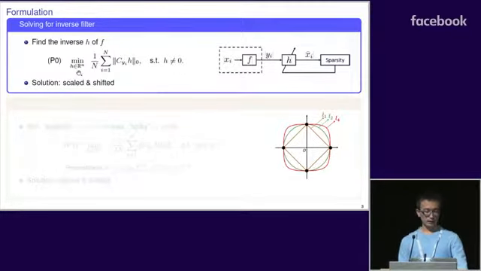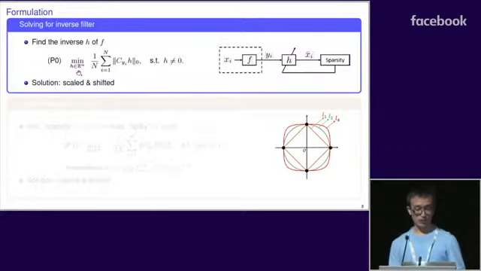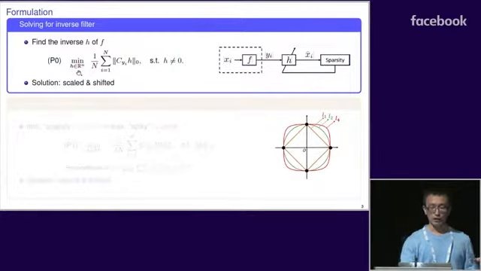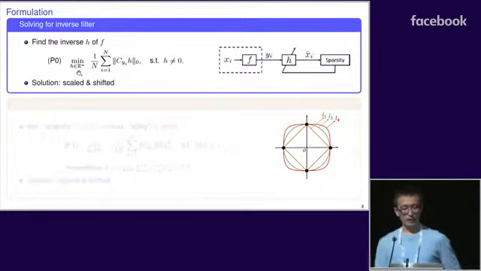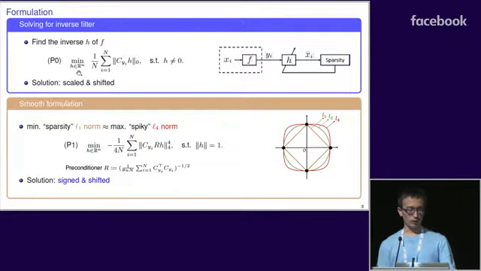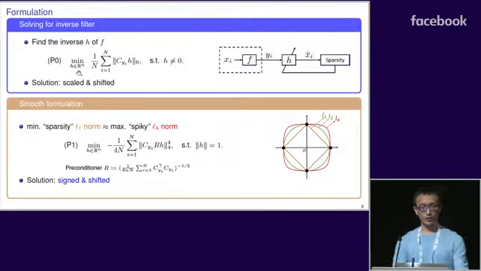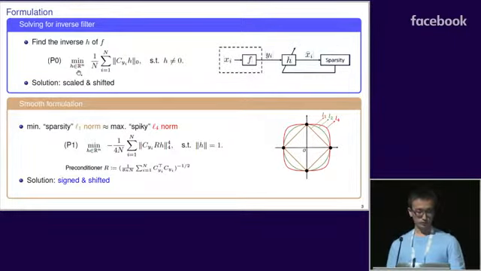Given that F is invertible, it's natural to find an inverse filter H that is a shifted and scaled version of the inverse of F, which will produce sparse outputs at the end of this diagram. But when we try to solve the problem P0, we notice that it's a non-smooth function that's very challenging to solve. So instead, we're going to solve a smooth surrogate of the objective function.